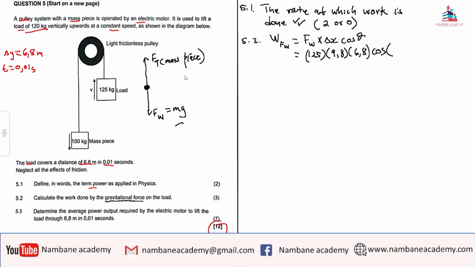We said it will be cos of 180. Why? Because Fw, remember the motion is upward, so Fw is actually acting in an opposite direction to the direction of the motion. Therefore, our final answer will be negative 8330 joules, and this is how we get our 3 marks.